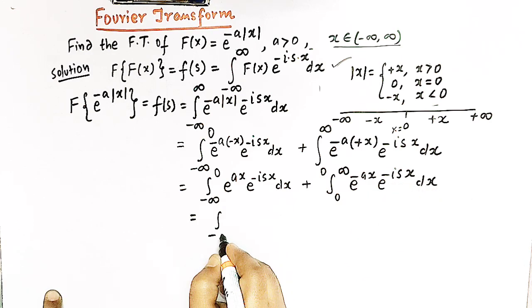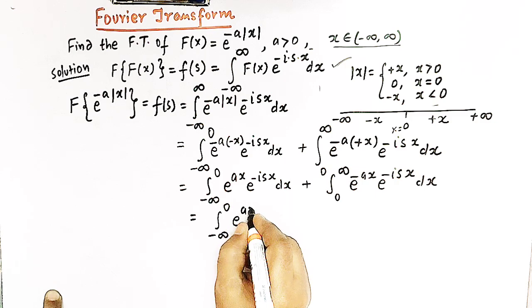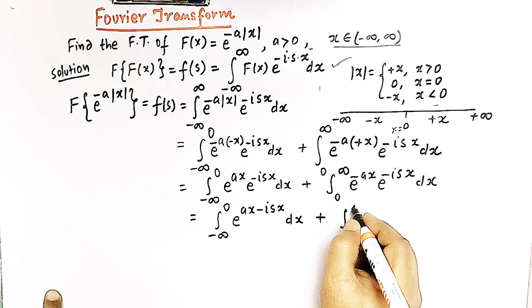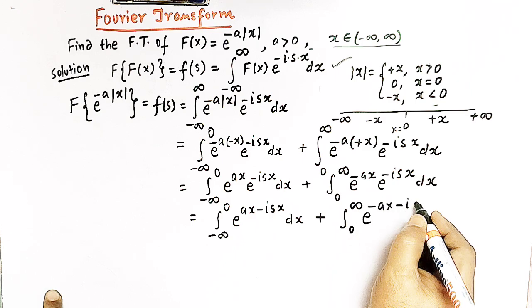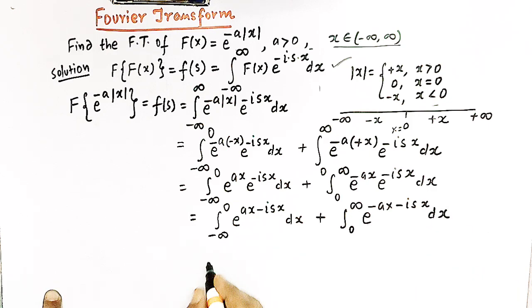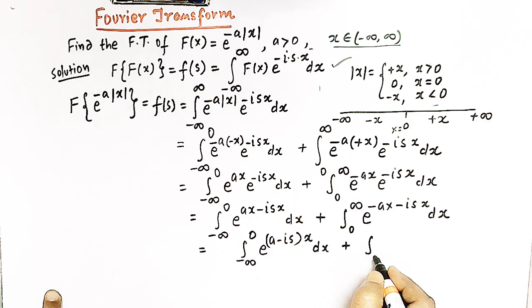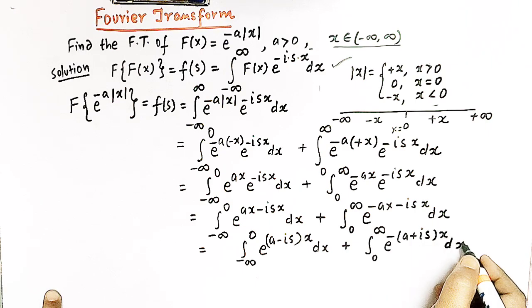So now, using the laws of exponents, the base is the same, so we have simply e raised to (a − is)x dx from minus infinity to 0, plus the integral from 0 to infinity of e raised to (−a − is)x dx.